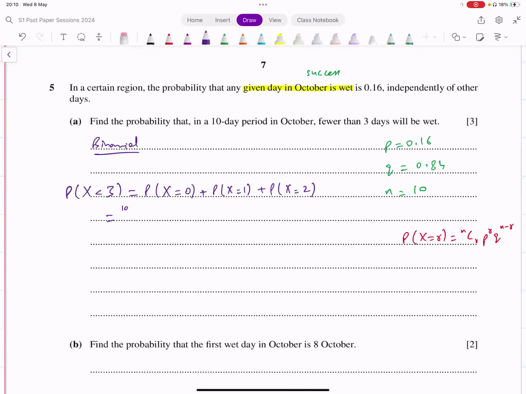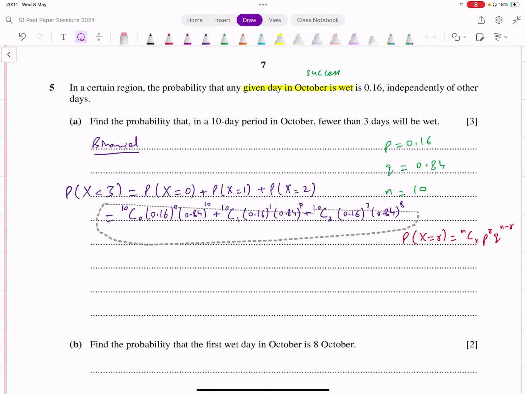You get 10C0 into p, which is 0.16, raised to power 0 into 0.84 raised to power 10 minus 0, which is 10, plus 10C1 into 0.16 raised to power 1 into 0.84 raised to power 9, plus 10C2 into 0.16 squared into 0.84 raised to power 8.